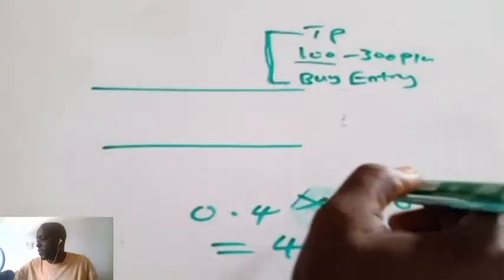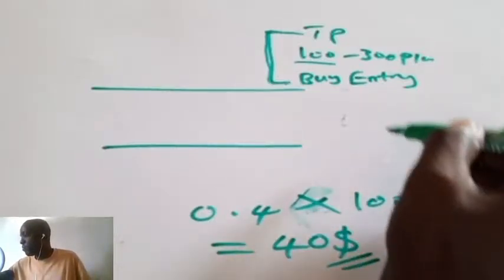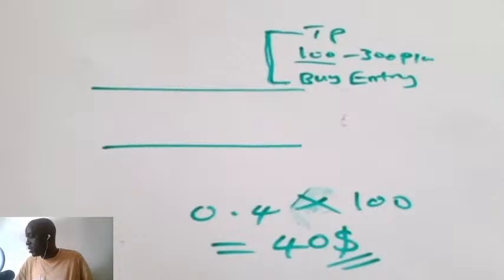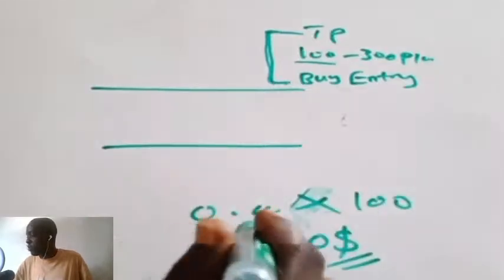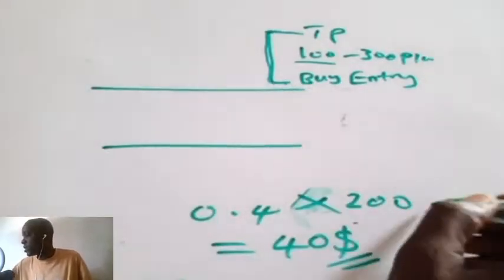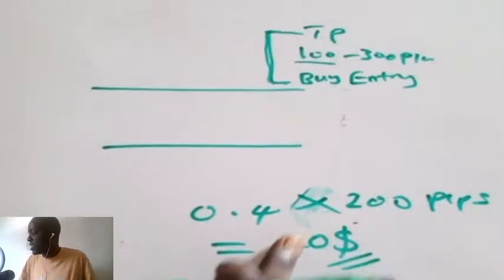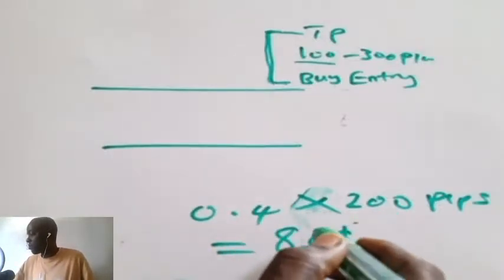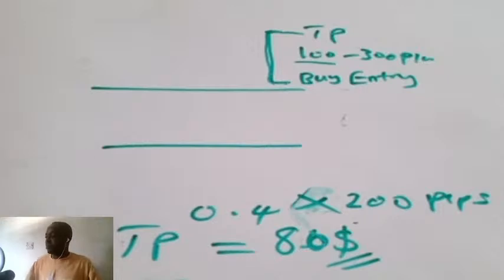So if the price targets 200 pips, that will be 0.4 lot size multiplied by 200 pips. So we have $80 as our take profit.